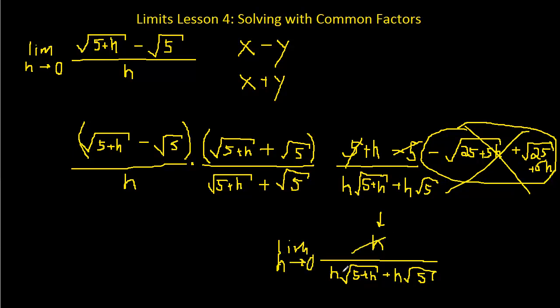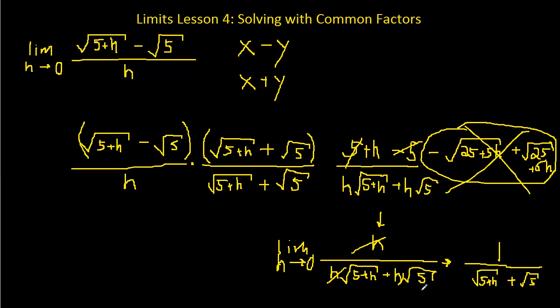We can see that these h's cancel, and what we're left with is 1 over radical 5 plus h plus radical 5.